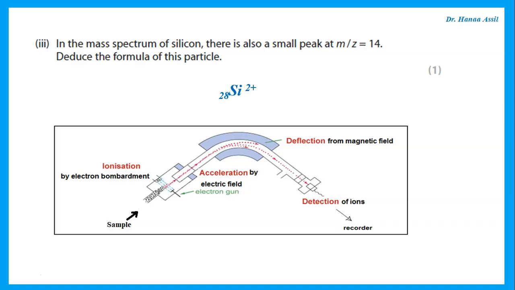So if I have silicon, which has a mass of 28, if it is a +2 ion, then its m/z is 14, and that's when we have peaks with half the Mr. That means that the ion has a 2+ charge. And remember that we said when they are deflected, the one with lower m/z is deflected to a higher extent.